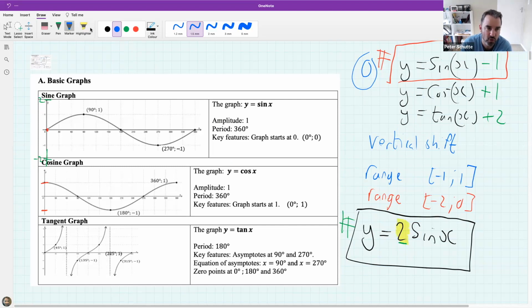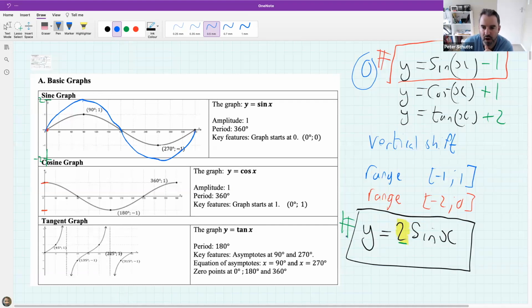So when you draw this graph, what's going to happen is you start normally, but instead of going up to 1, you have to go up to 2. And then when you come down to 0, you have to go down to -2, and then you go up. So it's almost like you're vertically stretching the graph.